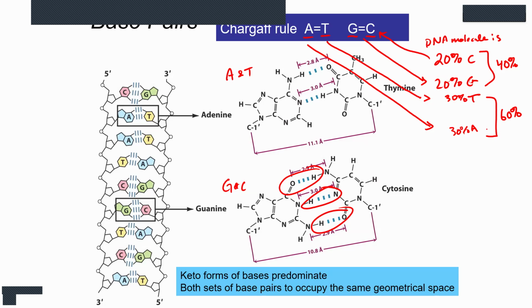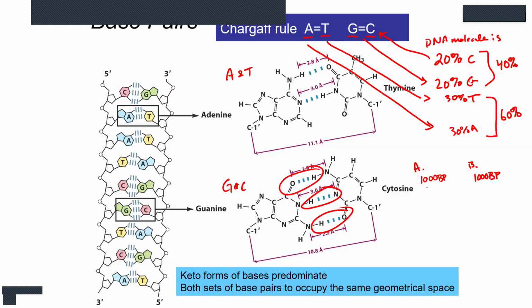Now, the significance of this is, when we start talking about really large molecules, let's talk about two different molecules, molecule A and molecule B. Let's say they're the exact same length, 1,000 base pairs. You can come up with an idea of how strong these molecules are based on their ATGC content.